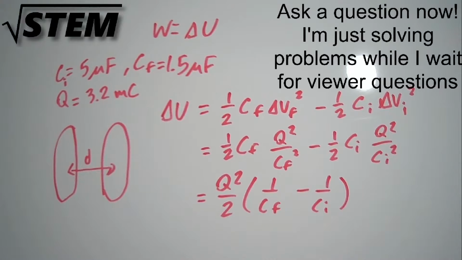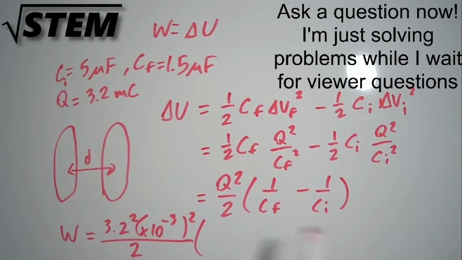So let's bust out our calculators. So this is our final line. We'll say the work is equal to 3.2 times 10 to the minus third, also squared, divided by 2.